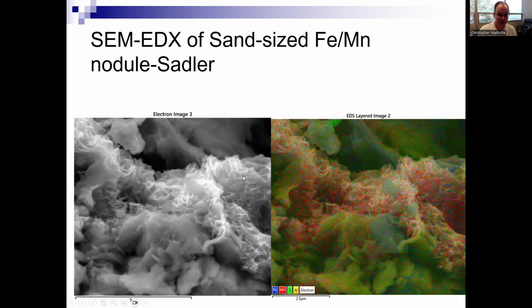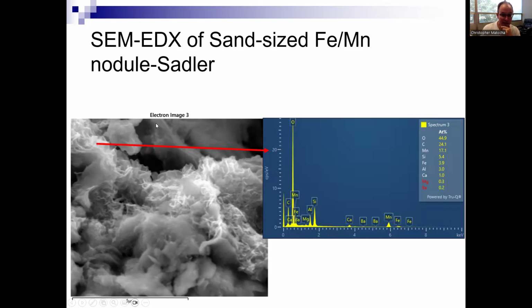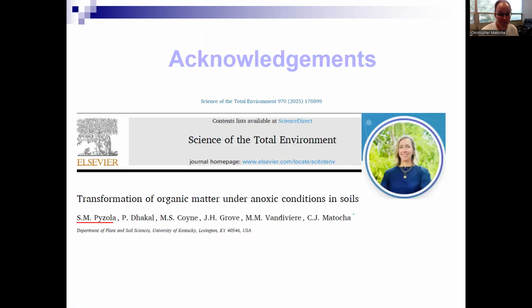So this flake-like, cornflake-like, or honeycomb-like assembly of minerals were enriched in manganese, a little bit of iron, with a background of aluminum. When we take an EDS spectrum, you will notice that there looks to be maybe some 2-to-1s in the area or underneath, but this is definitely enriched, 17 or so percent manganese, with a little bit of calcium as well. This perhaps could be birnessite, could explain some of the trends with the sand correlation.